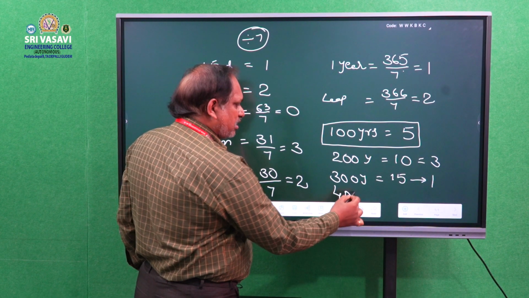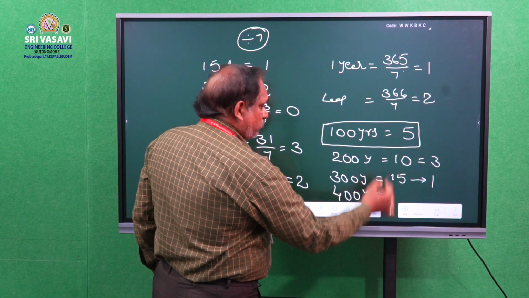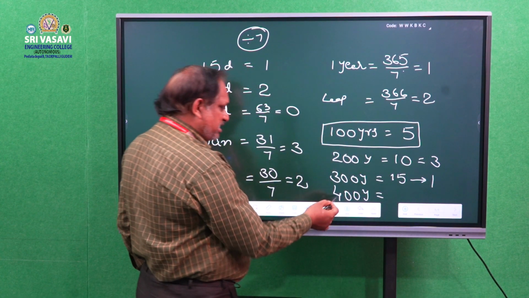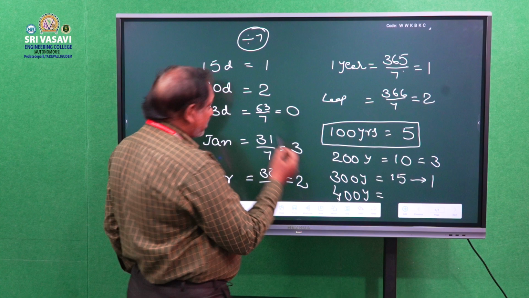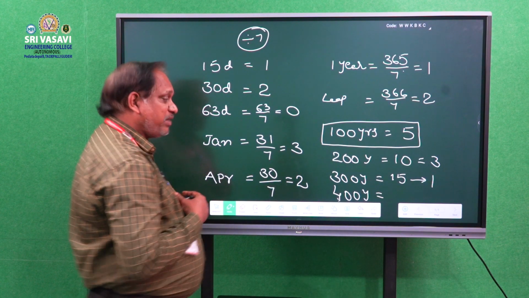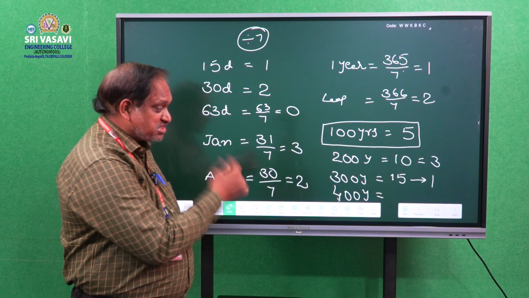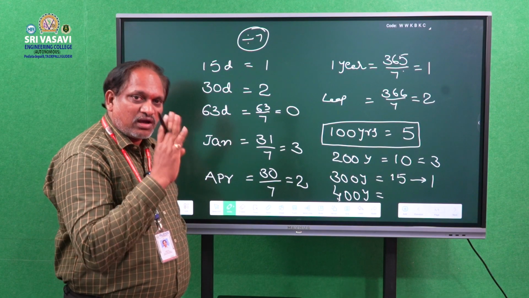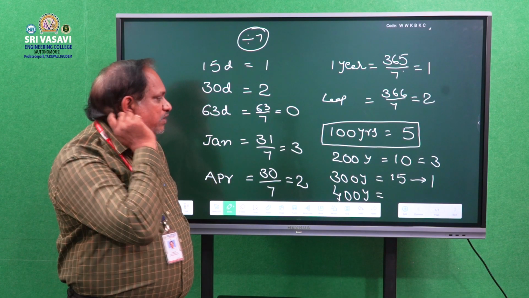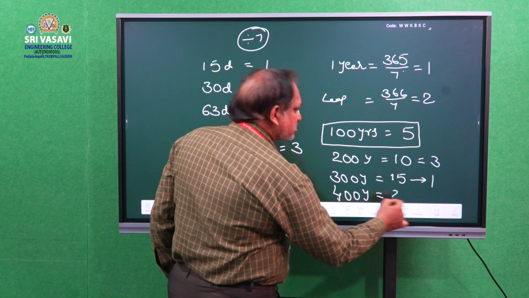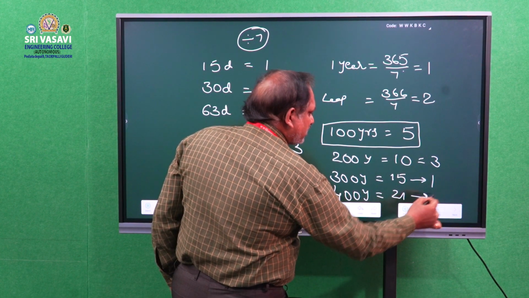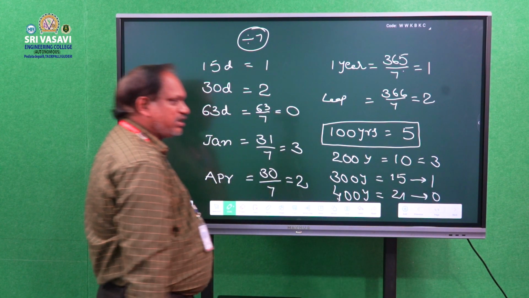When 400 years, 4 fives are 20, but every 400 years, as already discussed in the leap year definition, there is a leap year. Therefore 20 plus 1, we get 21 days. 21 days means the number of odd days is 0.